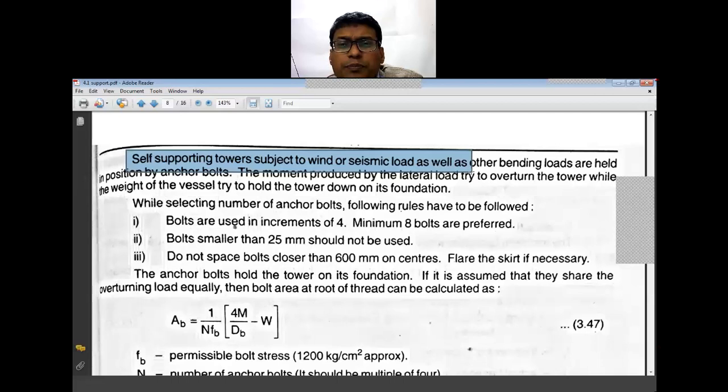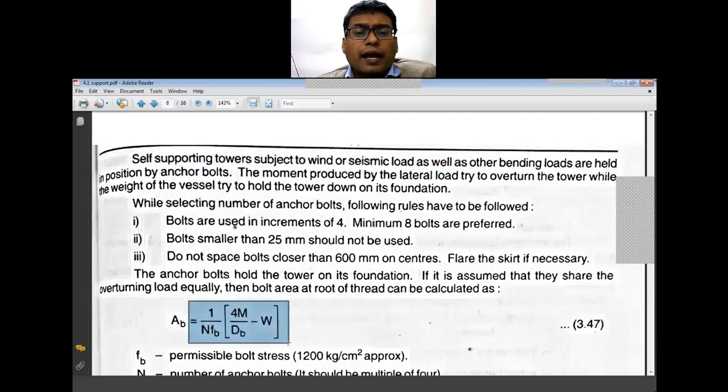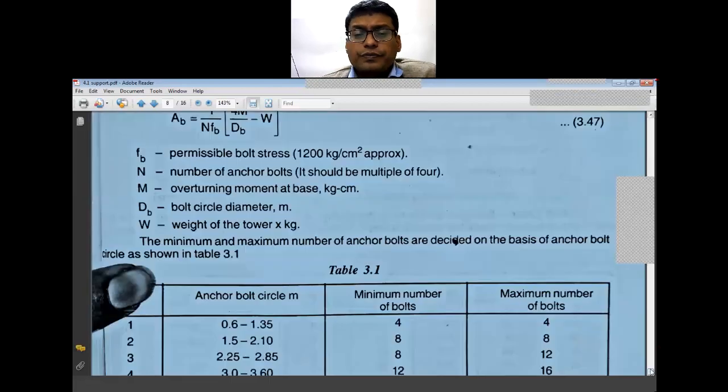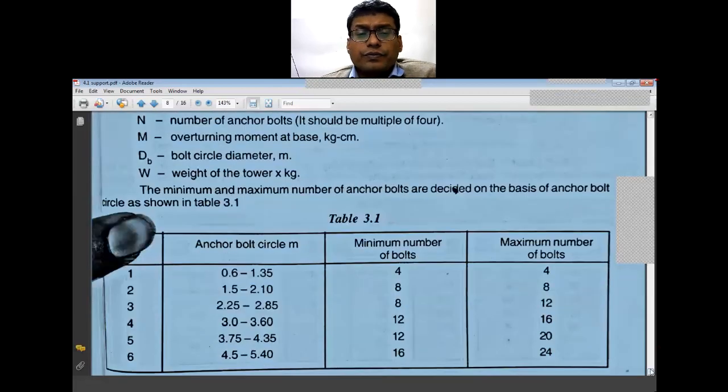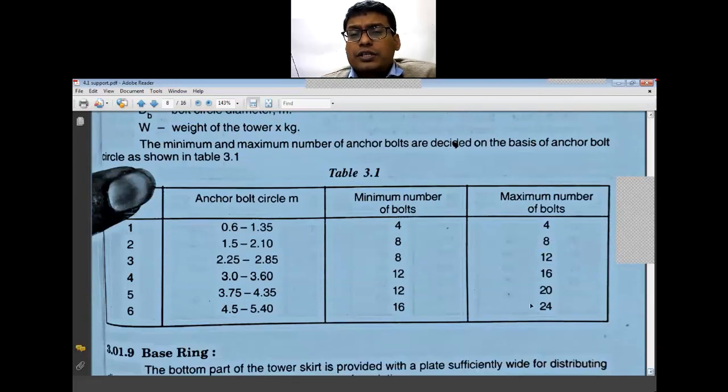The spacing between two bolts should not be more than 600 millimeter. So area for the anchor bolt is calculated as 1 upon NFB into bracket 4M upon DB minus W. So anchor bolt circle diameter, that is the minimum.